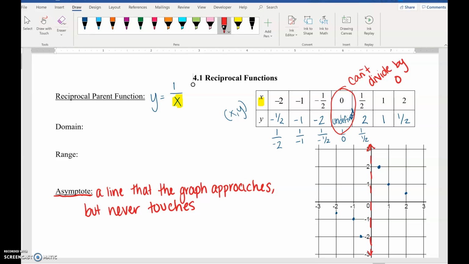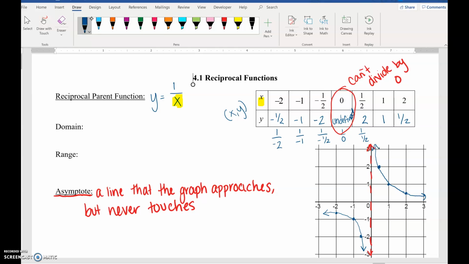Okay, so this line on the graph, it's going to go closer and closer, but it's never going to touch it. Okay, and then we're going to just draw our shape as best as we can. And then it's going to go like this. So this is what our parent function would look like.